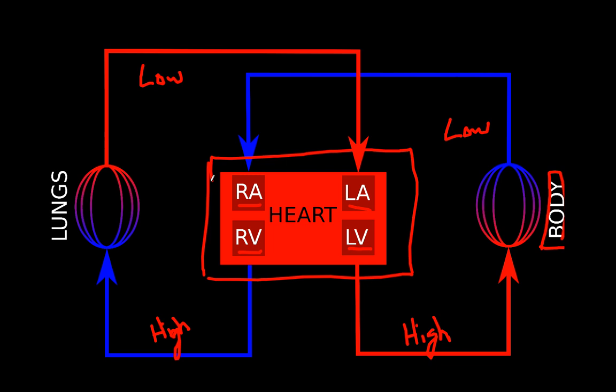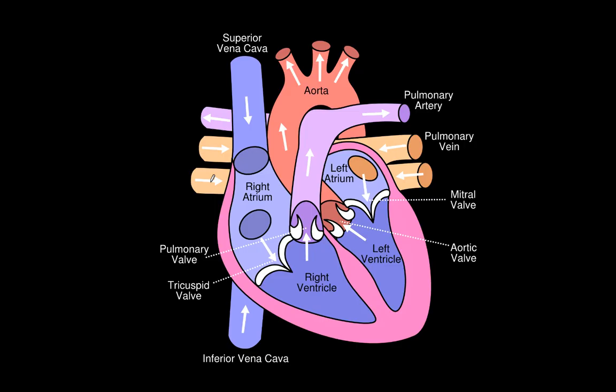So let's look at what the heart would look like then, knowing this idea, kind of the anatomy of this, so that when we talk about these different parts later on, you have an idea of what's happening. Blood is going to be returning to the heart from the body through veins, particularly the superior and the inferior vena cava. It's going to come into the right atrium, and it's going to collect there until the right atrium contracts.